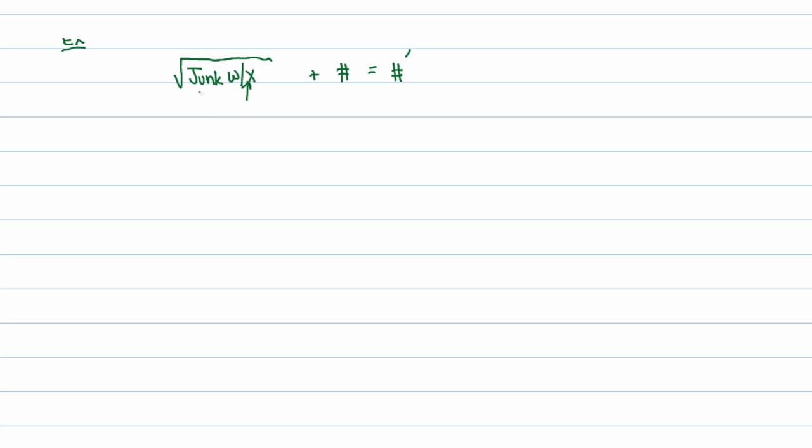I mean, I'm just saying junk with x. It could be 3x plus 1, whatever it is. So the idea here is to untie the knot. You start talking about how do you undo all this stuff. Well, the first thing I would probably do is move this over there. So when you do that, you subtract whatever that number is from both sides. You get square root of that junk with x. Notice I'm trying to keep this as general as possible. Is equal to some number.